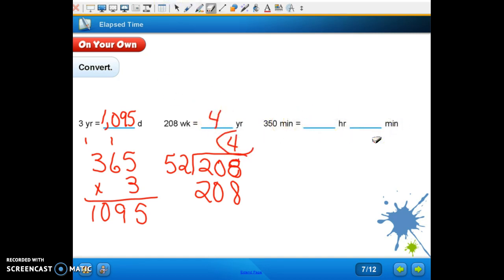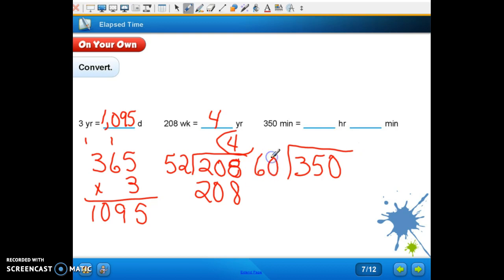Okay. This one is number 7. We're going from minutes to hours. So a small measurement to a large, just like this one. So we're going to have to divide again. 350. What are we going to divide by? How many minutes in an hour? 60.